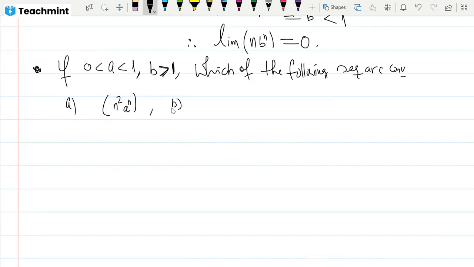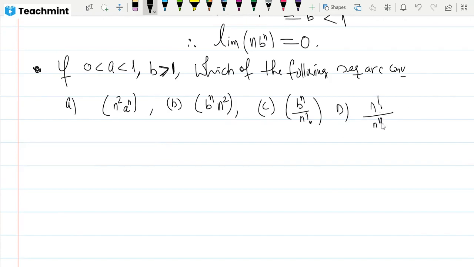Option B: b power n into n square. Option C: b power n over n factorial. And the last option D, I am writing n factorial over n power n.